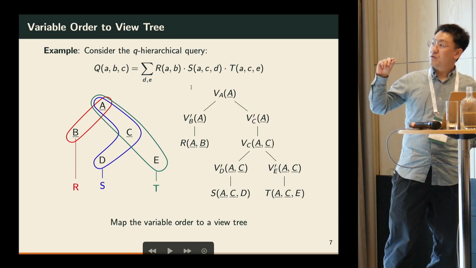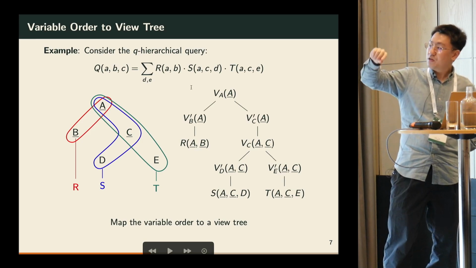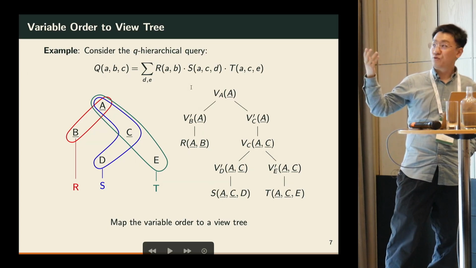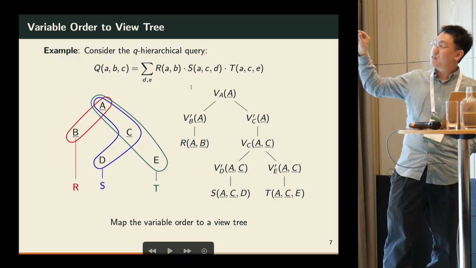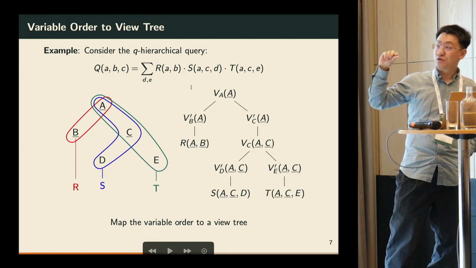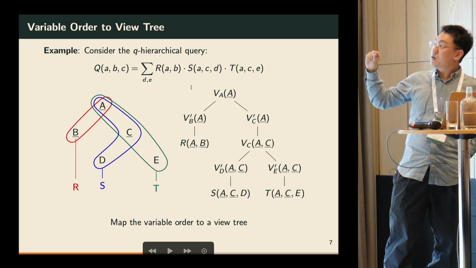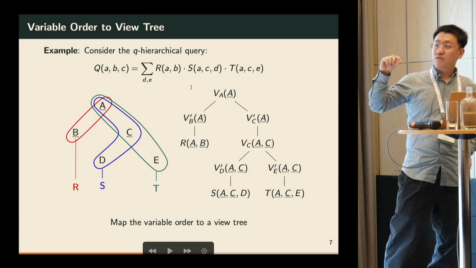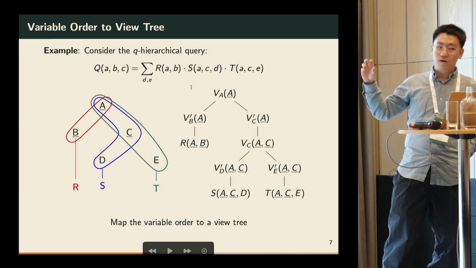Here is how we can do it. We can map this variable order to a view tree, a tree of views. Each view is constructed from its children, either by projecting away one variable, or as the join of its children.